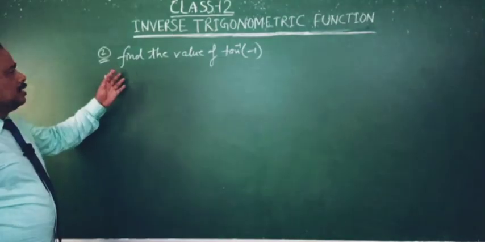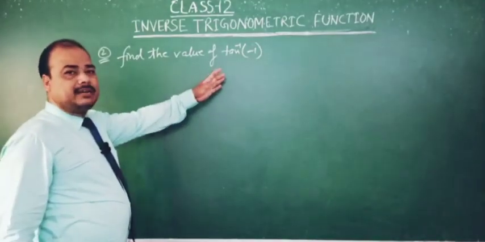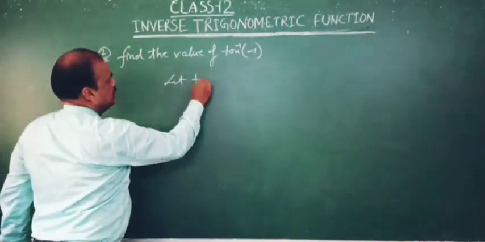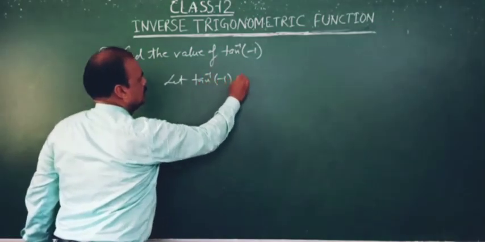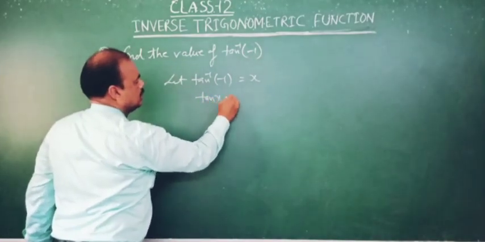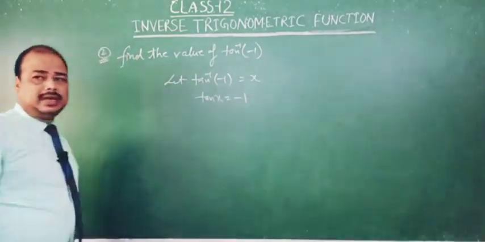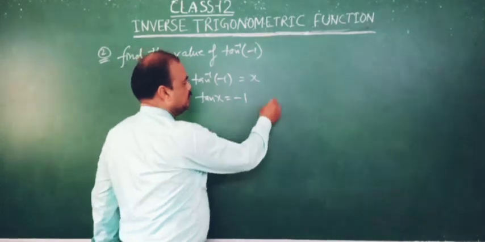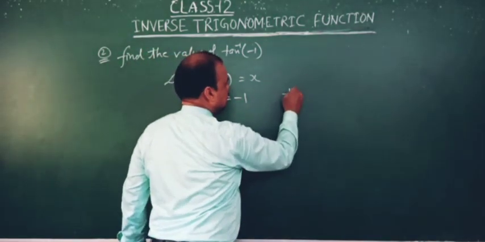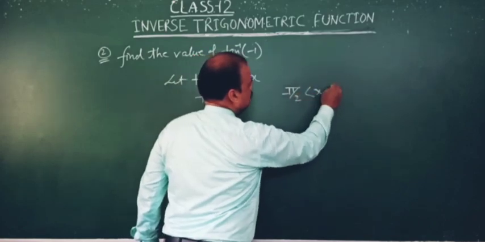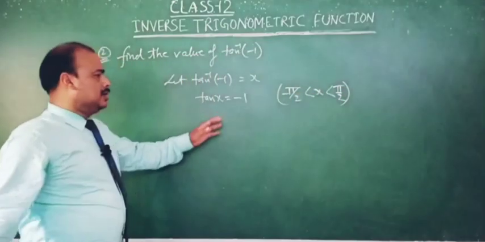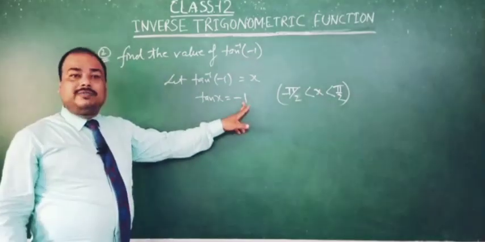Next example, find the value of tan inverse negative 1. Let tan inverse negative 1 equal to x, then tan x equal to negative 1. In case of tan inverse, the principal value lies between negative π by 2 to π by 2. 1 is the value of tan π by 4.